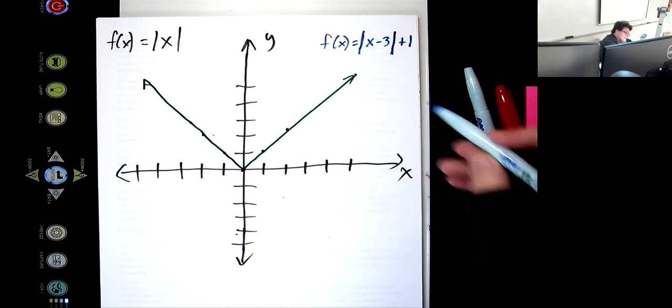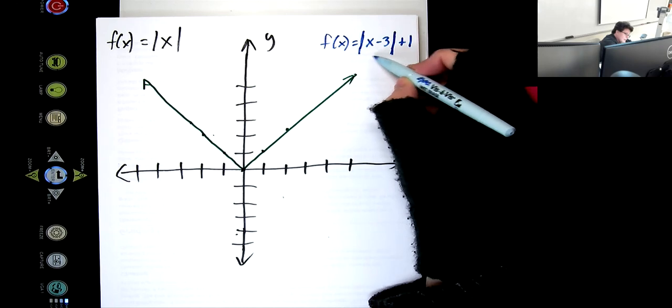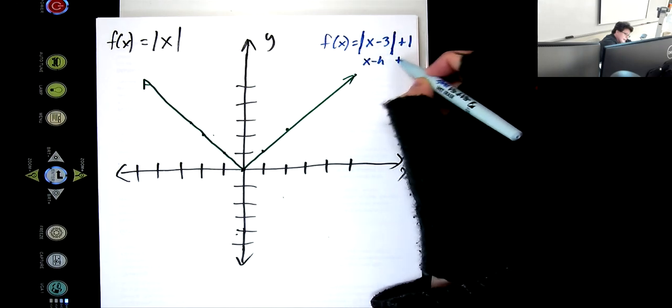What it does is this is like an x minus h and then a plus k up here.